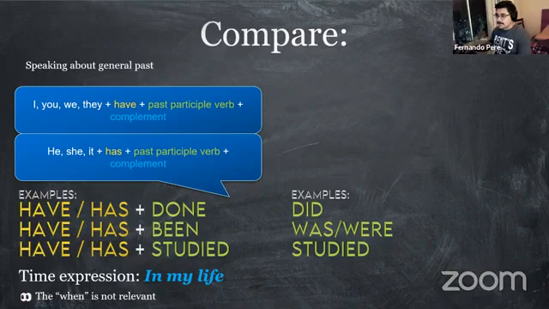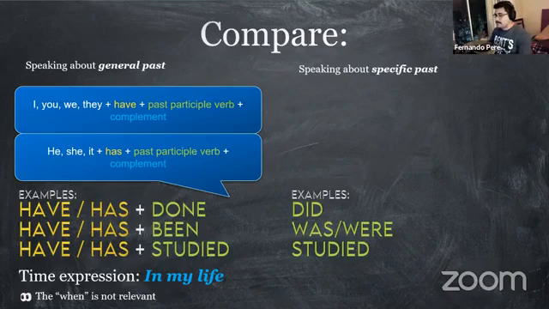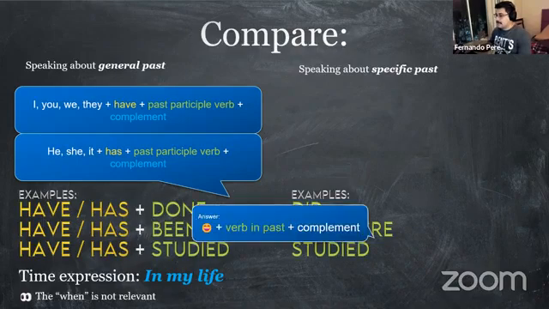And in the second column, we speak about specific past. The formula for specific past, easy. Person, verb, complement, easy as that.